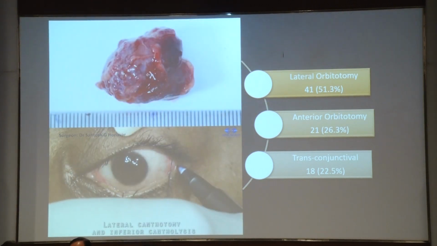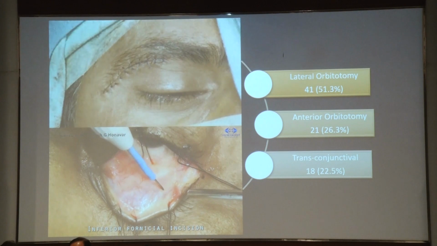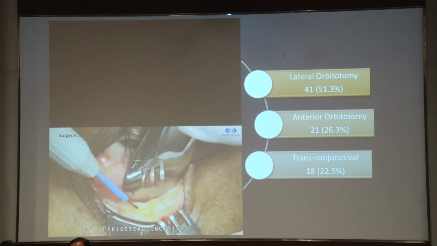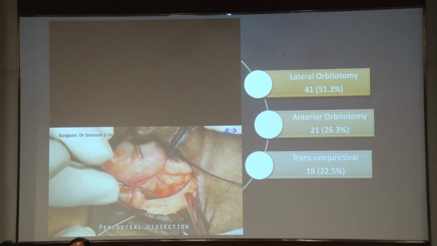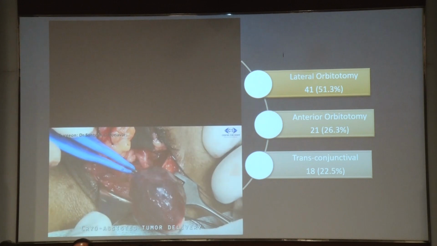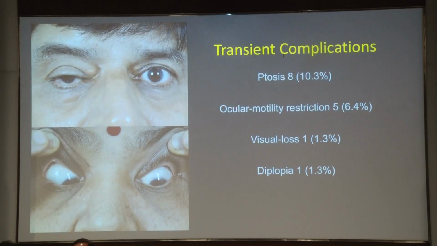Similarly, we had to take care of the cosmetic aspects of the patients, and we did a transconjunctival approach, where the inferior fornix is approached, and after periosteal incision and dissection, again, it was visualized well, and cryo-assisted tumor delivery was performed. Transient complications were seen, that is ptosis in a few cases, ocular motility restriction, visual loss, and diplopia.